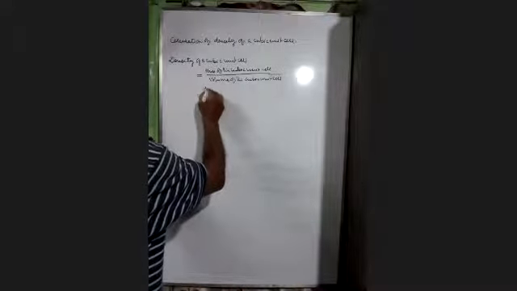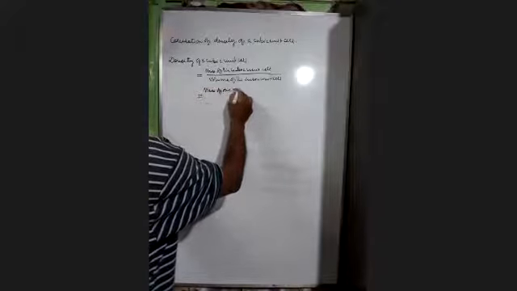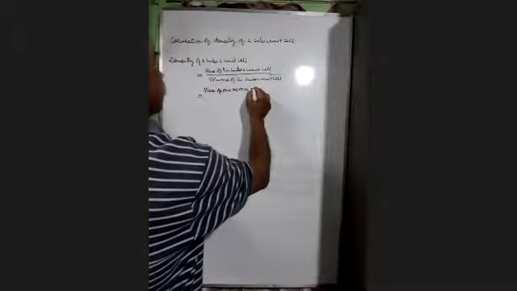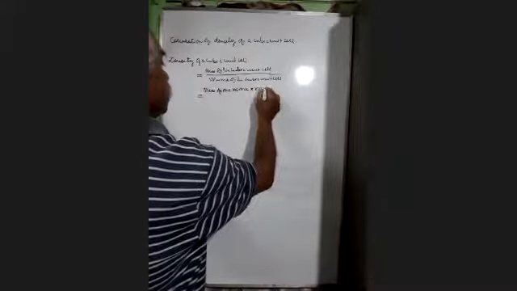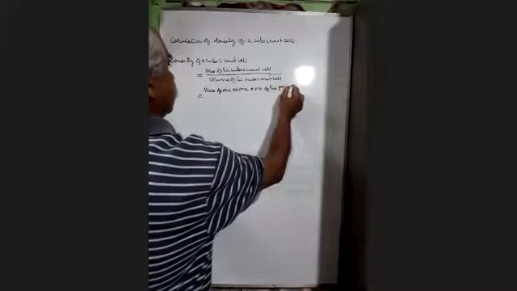Okay. So now what can I write? I can write this one equal to mass of one particle into number of particles. Because if it is simple, it contains only one particle, one atom.